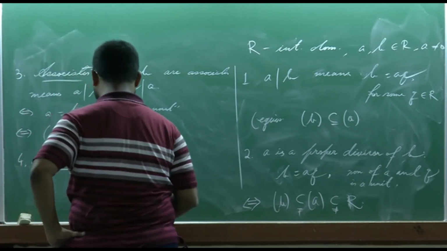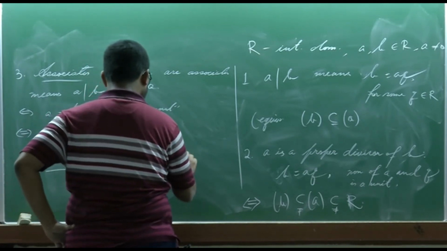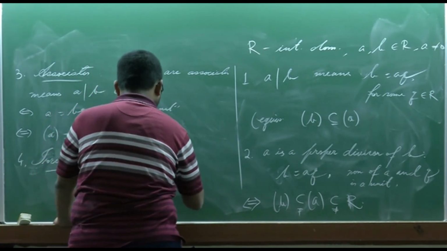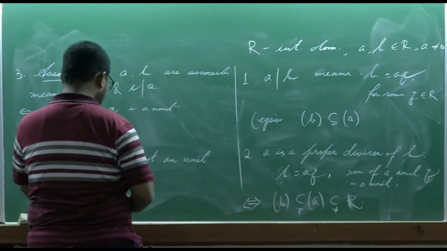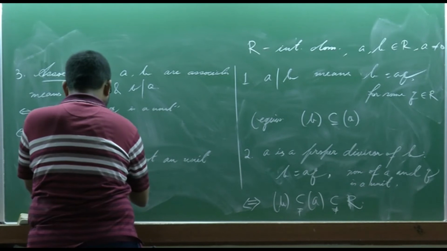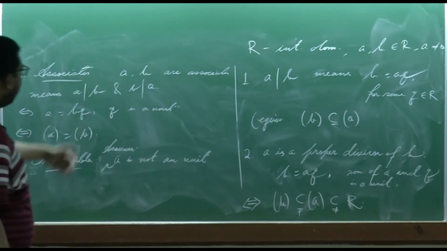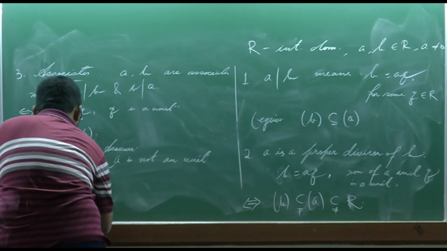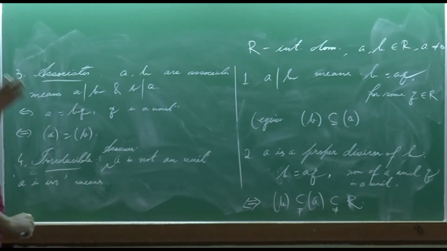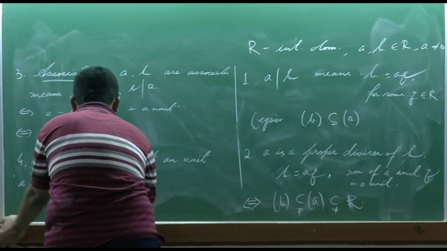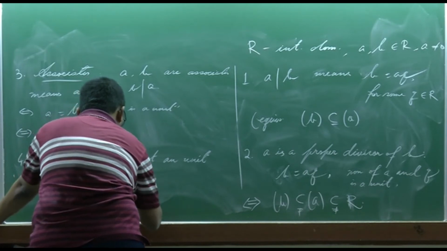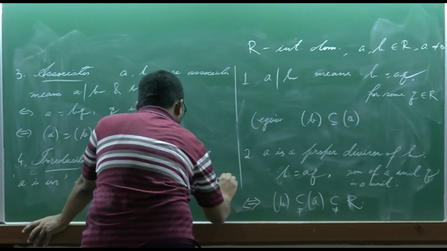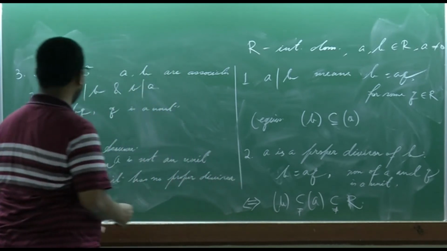So, an element A, a non-unit, so A is not a unit, we say A is irreducible, means it has no proper divisors.